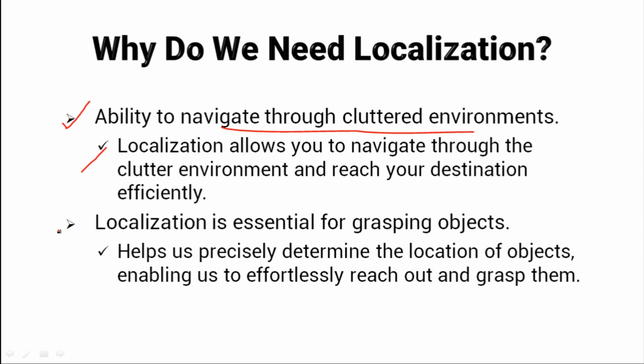By utilizing information received from our senses and making certain assumptions, we can determine the presence and location of objects in relation to ourselves. To better understand localization, let's think of it in terms of a map. When you look at a map, you can identify the landmarks and surroundings, which allows you to navigate your way through the environment.